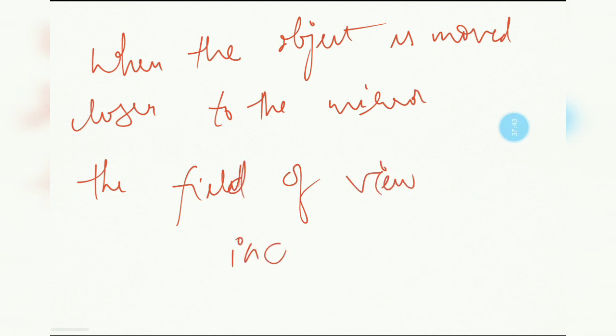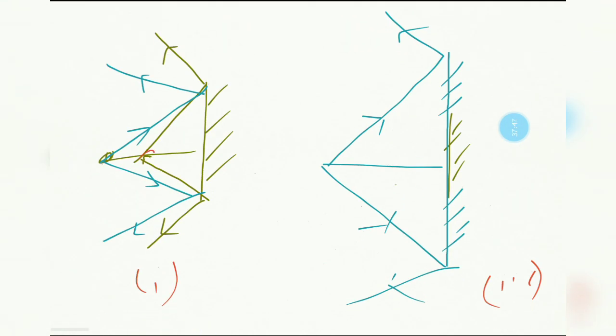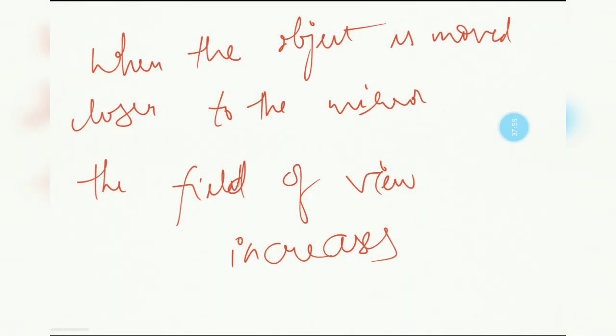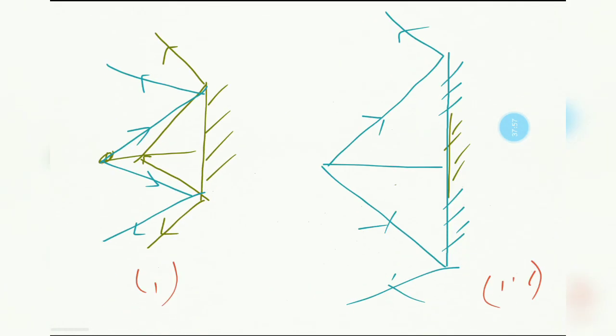This is the first point I would like to say, because here we have observed it, right? So when it has moved forward, a larger field of view is available for us. Clear? Now when the object was far away, what happened? Low field of view. So vice versa, you can just write it.